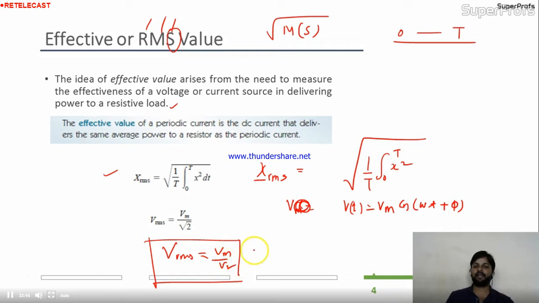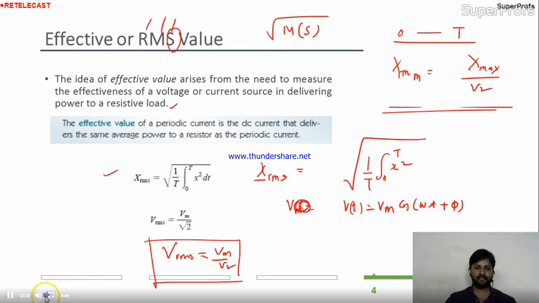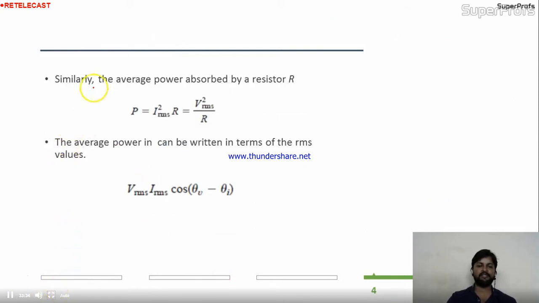So we get Vrms equal to Vmax by root 2. Or take any value, Xrms is nothing but Xmax divided by root 2. Is it okay to you? So this is the RMS value. It's very important. We'll see some problems based on this.